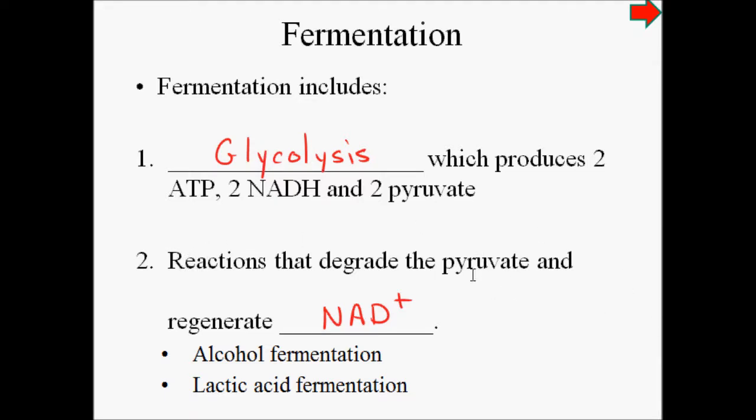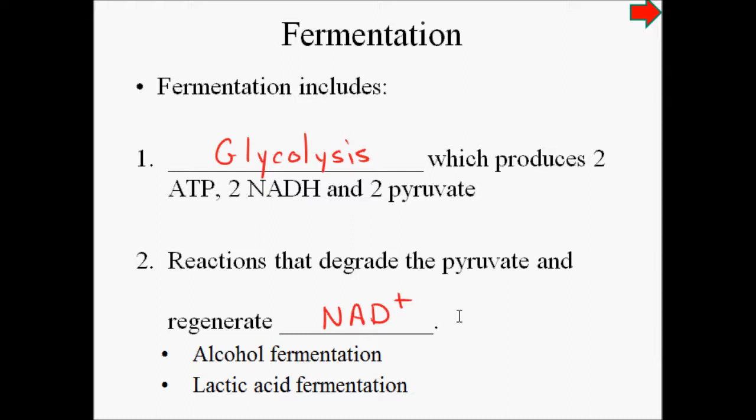So pyruvate is going to get broken down even further. And again, this is without the need for oxygen. And in this process, that NADH, which would be so useful if oxygen could be used because the electrons are eventually transferred to the mitochondria to produce more ATP, in organisms or in processes in which the pyruvate needs to be processed without oxygen, there is a need to regenerate the reduced form NADH to the oxidized form again of NAD+.